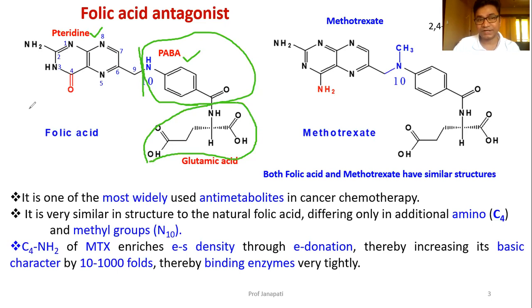It is an acidic amino acid because it has 2 carboxylic groups and 1 amino group in its structure. So we call this amino acid glutamic acid. There are 3 components present in folic acid.